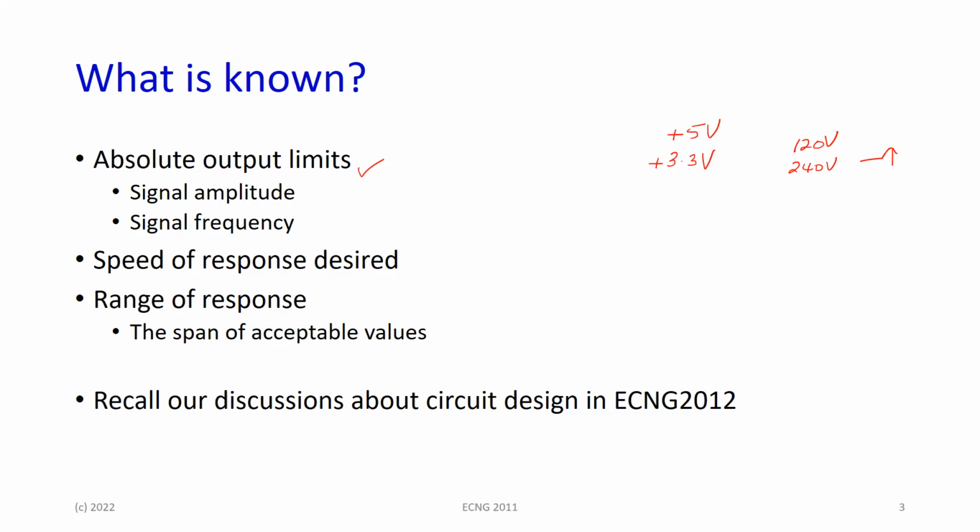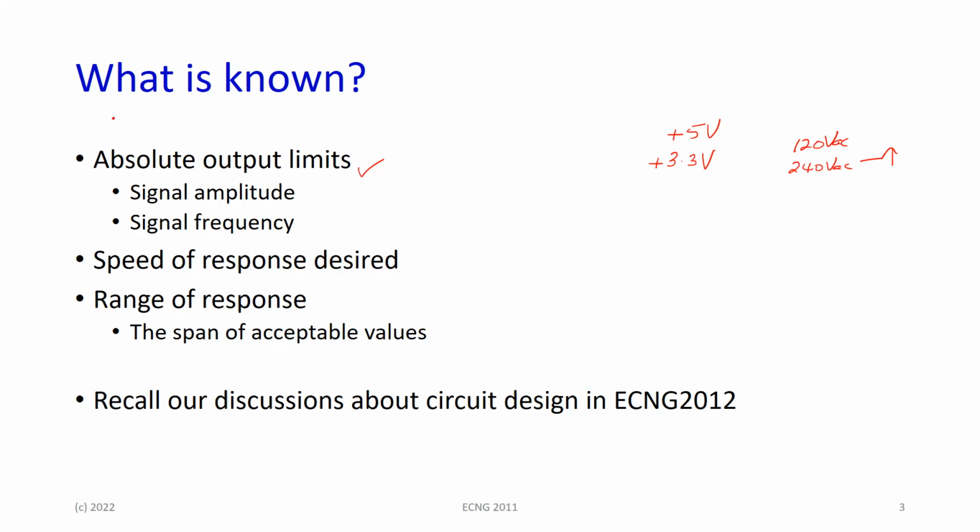I should put AC here. If you're working in renewables, for solar, this could go up. You could be dealing with several hundred volts DC. And similarly, if you're dealing with wind power and so on, you could have several hundred volts AC.